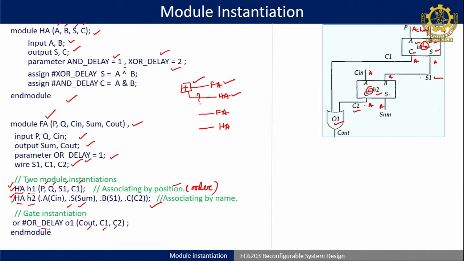Third, in the full adder the half adder is called. Is there any chance that while calling the full adder I can override the parameter value of the sub module, like in this case the half adder? That is now the question.